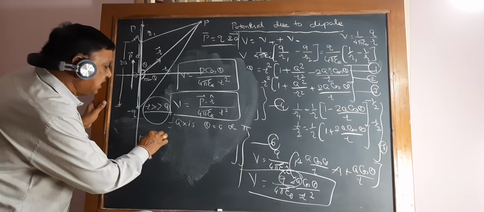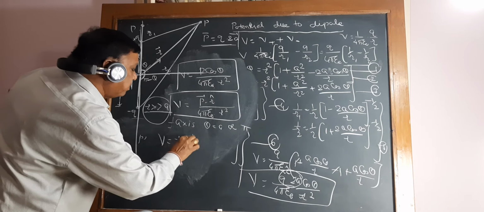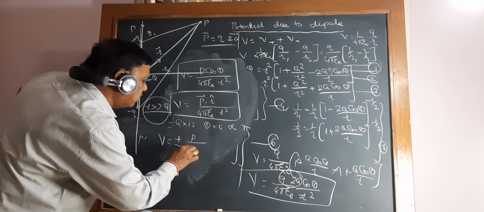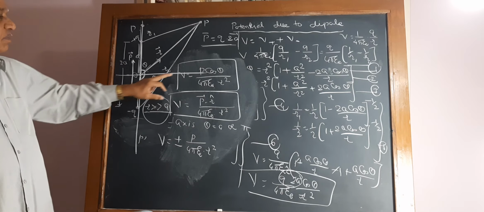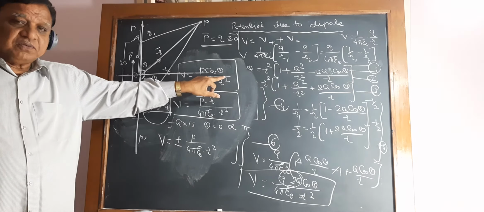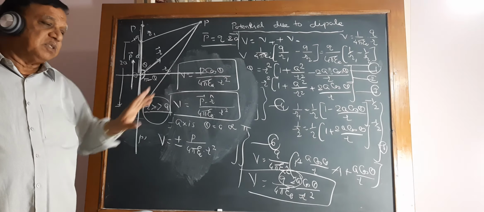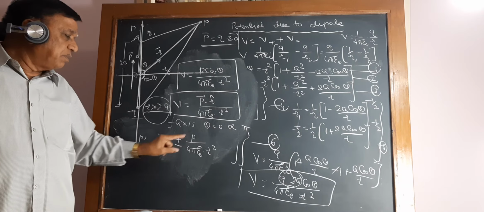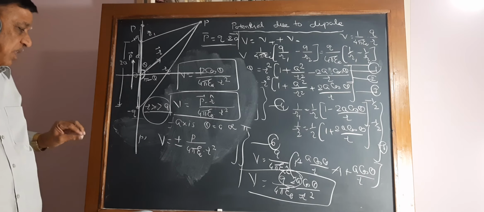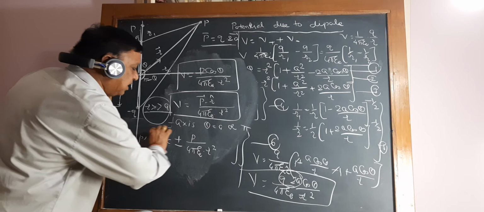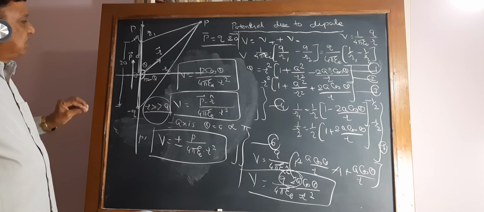Then V can be written as plus or minus p upon 4 pi epsilon 0 r square. p cos theta: if theta is 0, then cos is plus 1; if pi, then minus 1. This is for the axis. Also, you can understand this one.